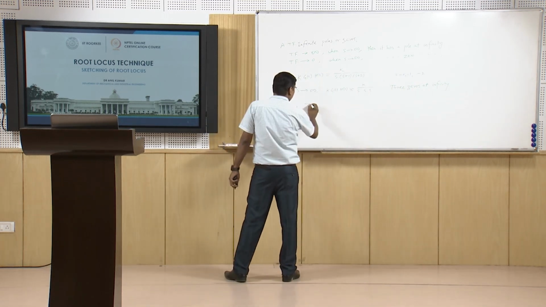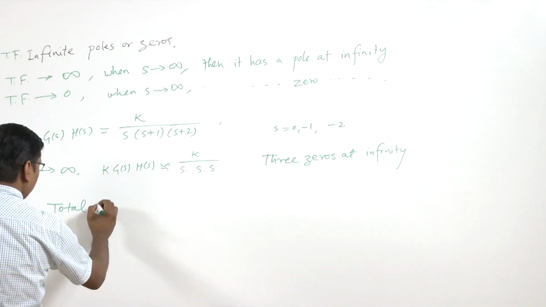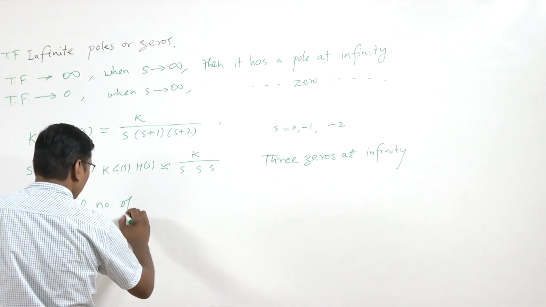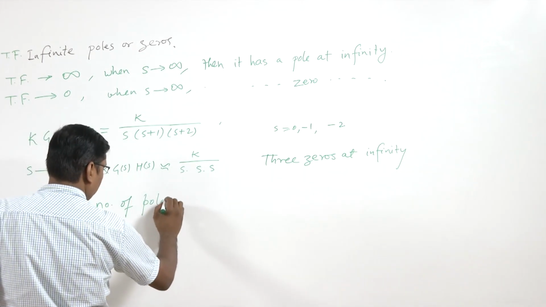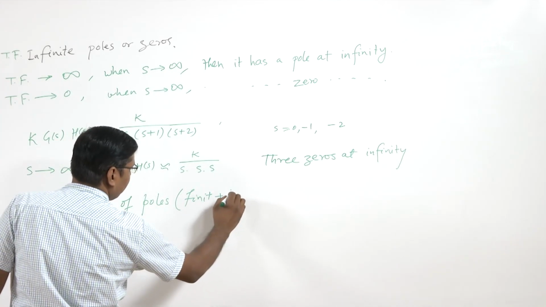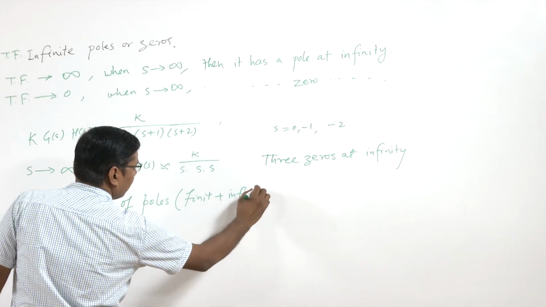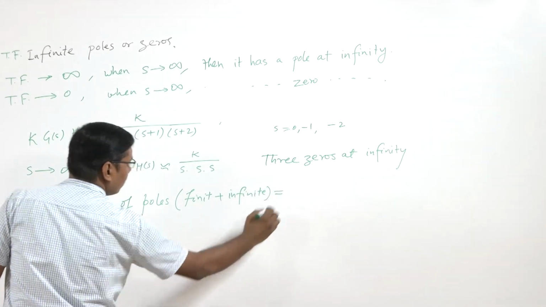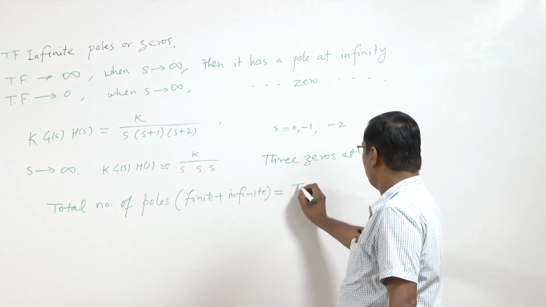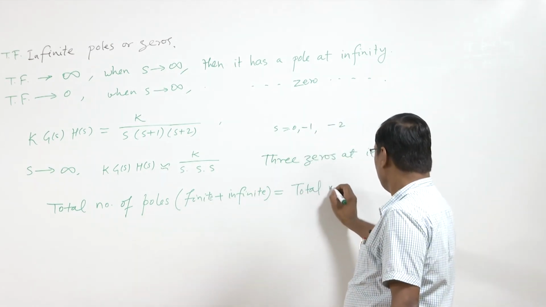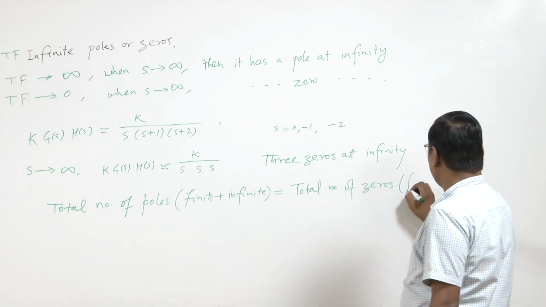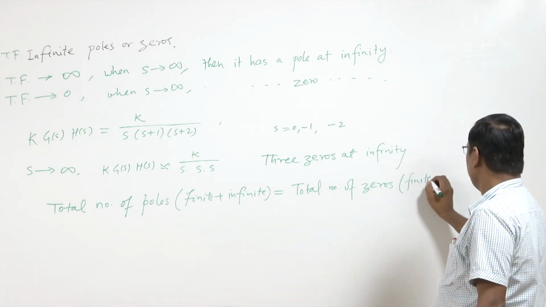So total number of poles, that is finite plus infinite, equal to total number of zeros, finite plus infinite.